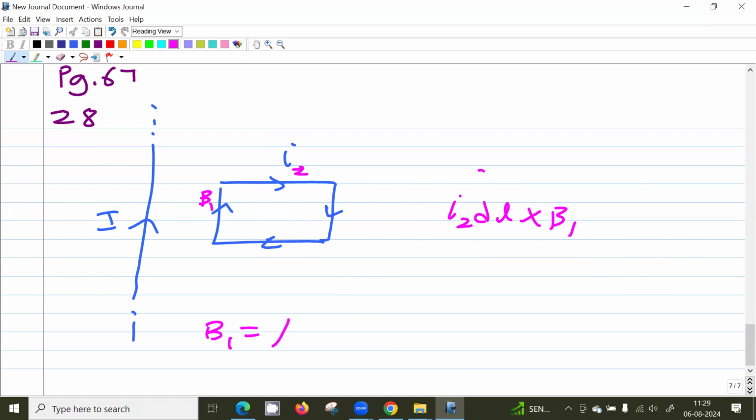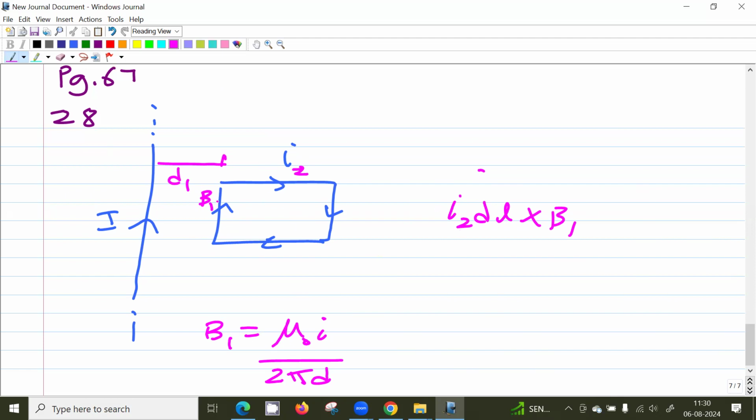B1 is mu naught I by 2 pi r, but here the distance is, let me call it d1.